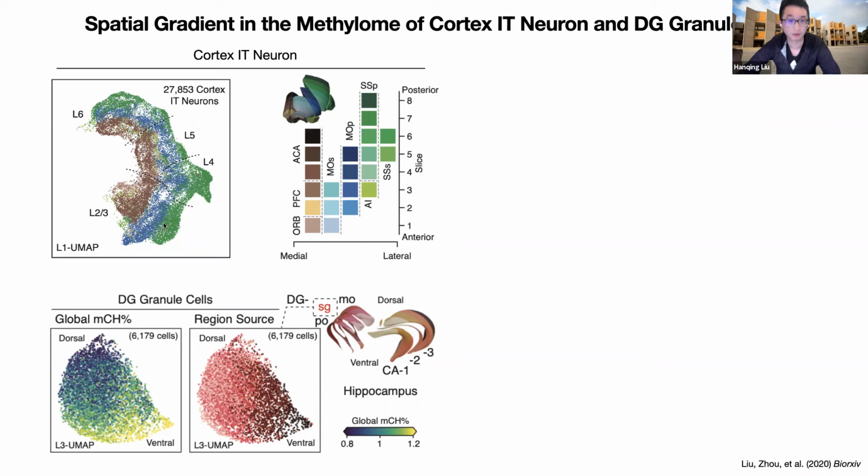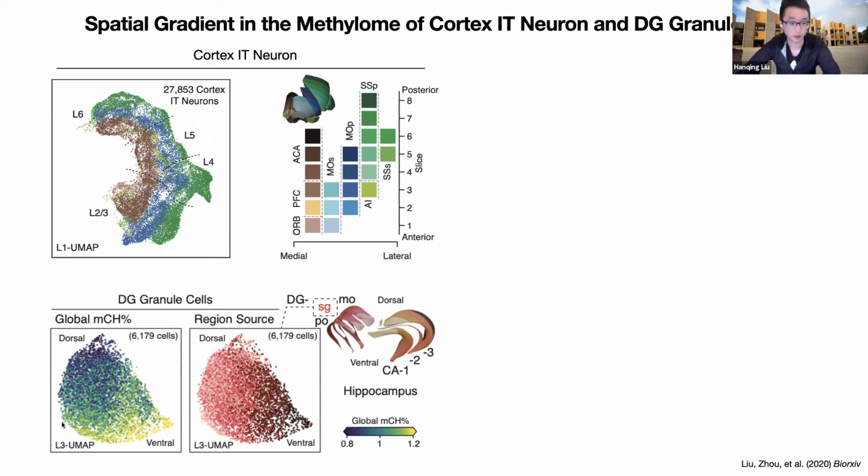And here the example is given from all the cortical excitatory IT neurons. You can see that the cell types can first separate into layers, and then within each layer, there's clear spatial separation based on their dissection.